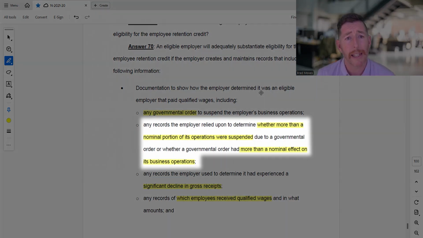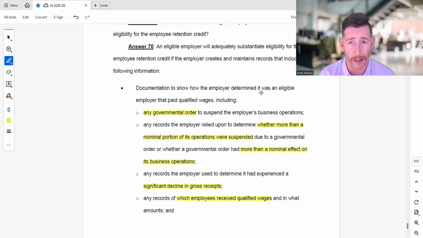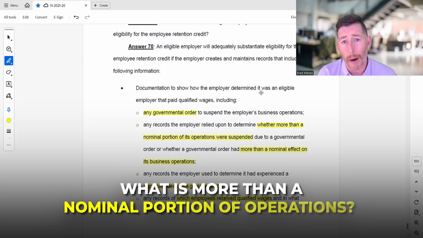Number two is any records that you relied upon to determine whether more than a nominal portion of your operations were suspended or whether government orders had more than a nominal effect on your operations. So this is actually a really interesting part of the notice. There's a lot of conversation within Notice 2021-20 about what is more than a nominal portion of operations.